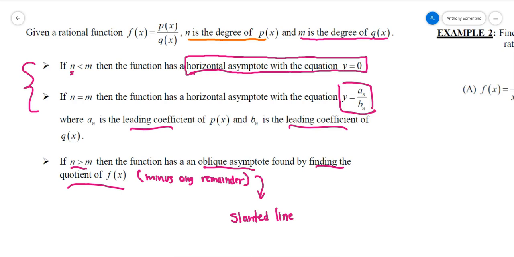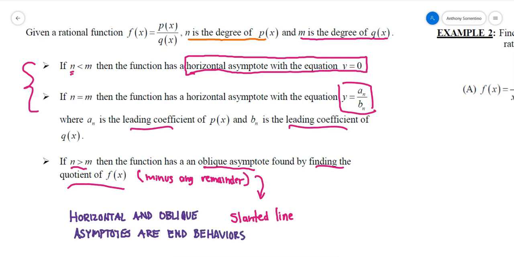Another thing I want to note before we get into actually doing the problems here is that these types of asymptotes, horizontal and oblique asymptotes, are end behaviors. An asymptote is basically, in many cases, a line that a graph approaches infinitely, gets infinitely close to, but never crosses. For horizontal and oblique asymptotes, that's not exactly as true.